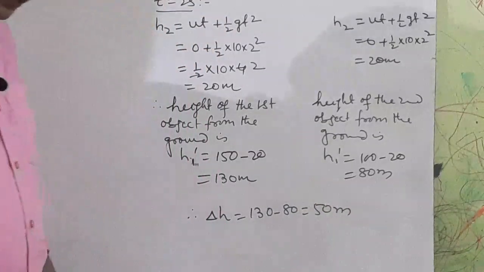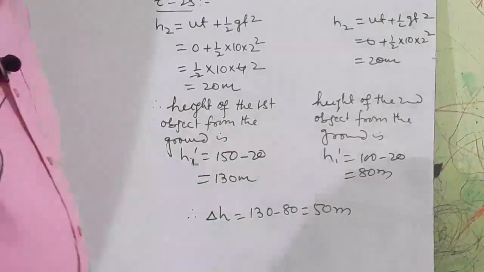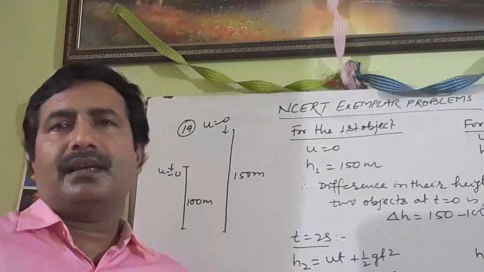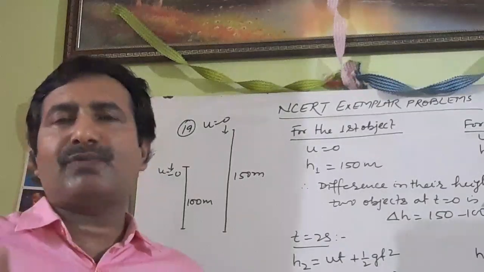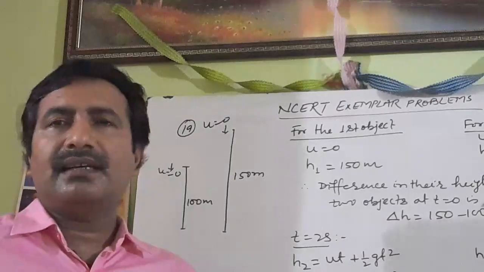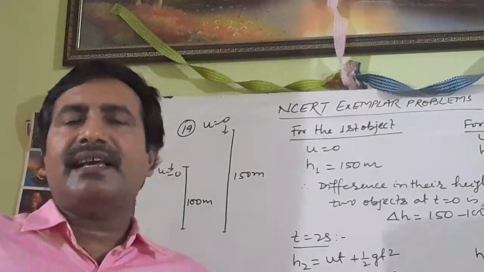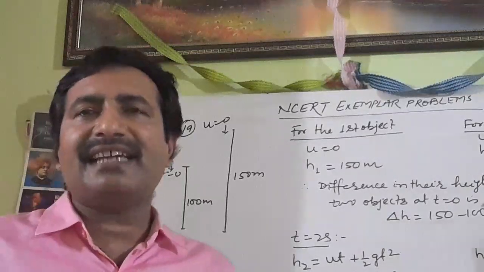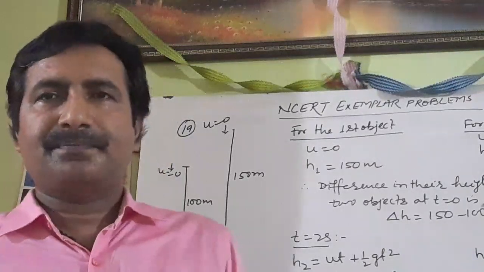So what have you seen? Earlier, whenever the objects were dropped, the difference in their heights was 50 meter, and after 2 seconds, the difference in their heights is again 50 meter. It means the difference in their heights will never change.